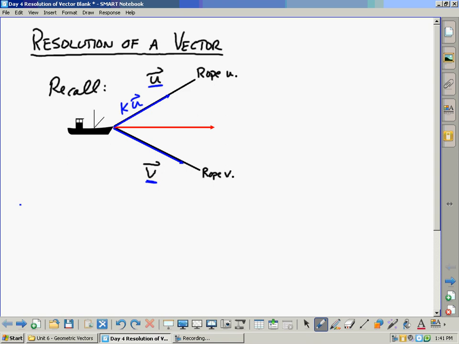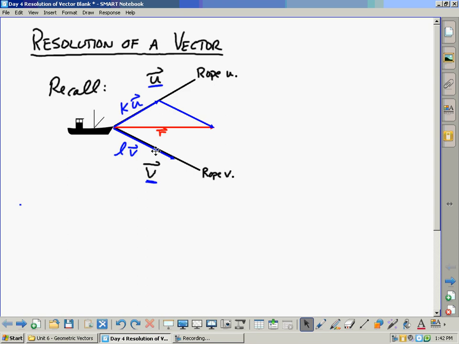And this other blue vector could be something like lv. Depending on how long that is, when I add these together, it would get us the resultant. Let's call the resultant R.